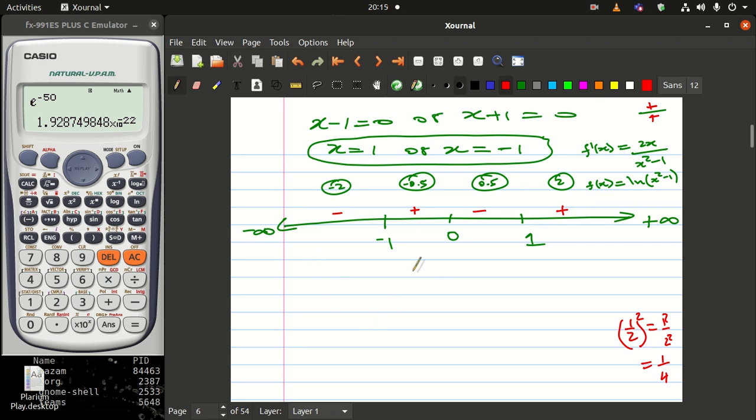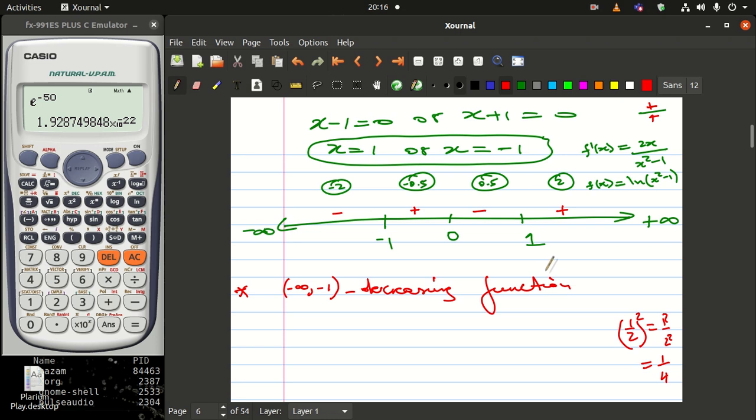So looking into this sketch here, you can see that the function from negative infinity up until you arrive at minus 1 is decreasing, because the derivative is negative.